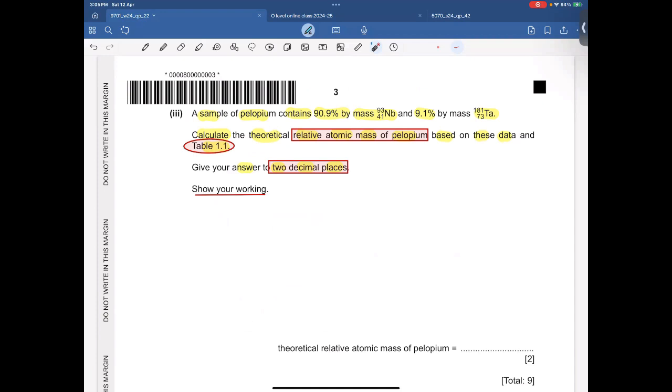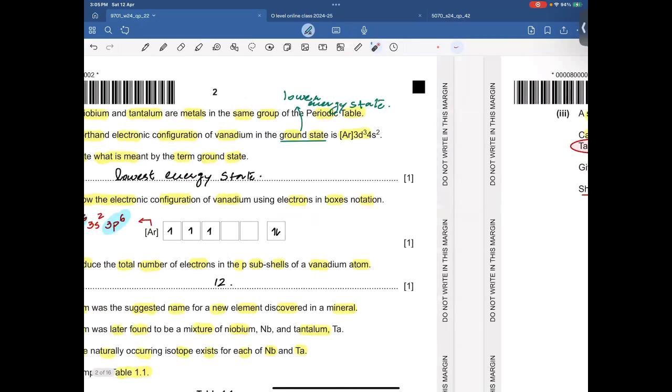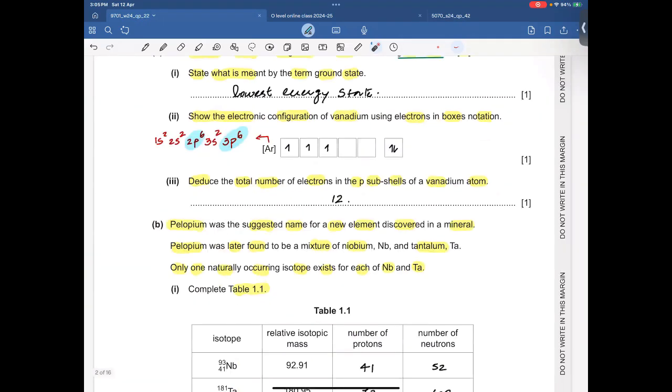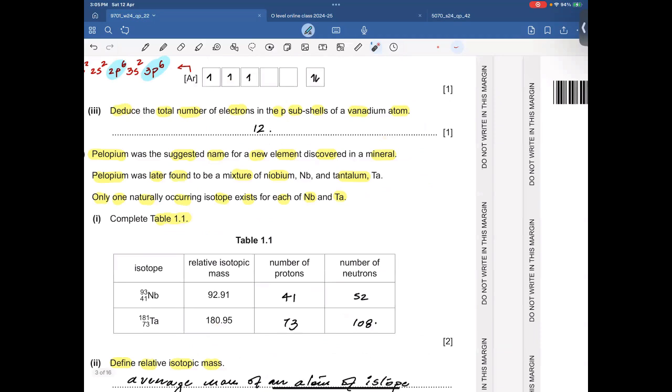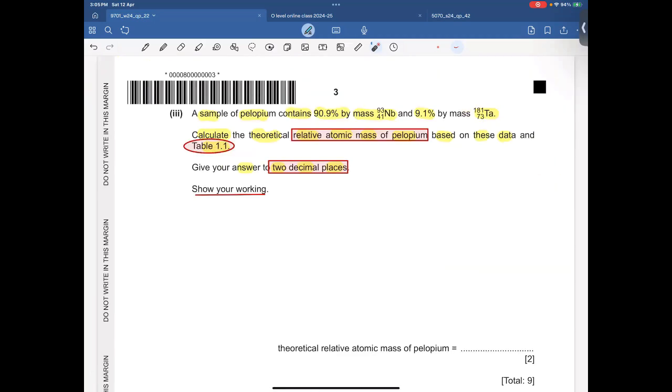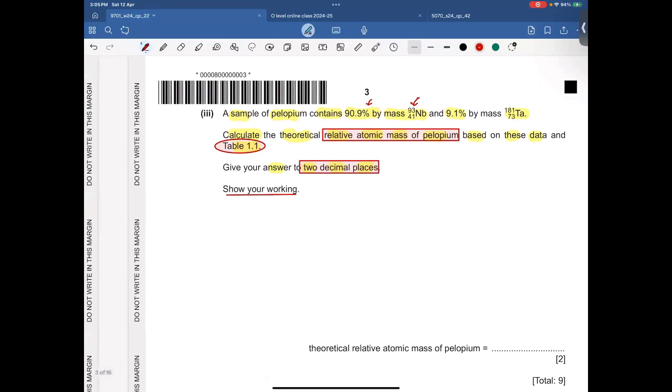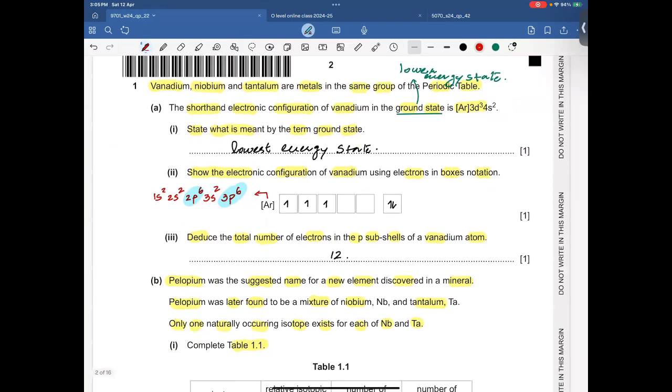Calculate the theoretical relative atomic mass. 92.91. That's fine. Okay, I'm going to take this value. So first of all, this is the relative abundance. That's a little bit tricky. This is the relative abundance of niobium 93. We have here niobium 93. All right.